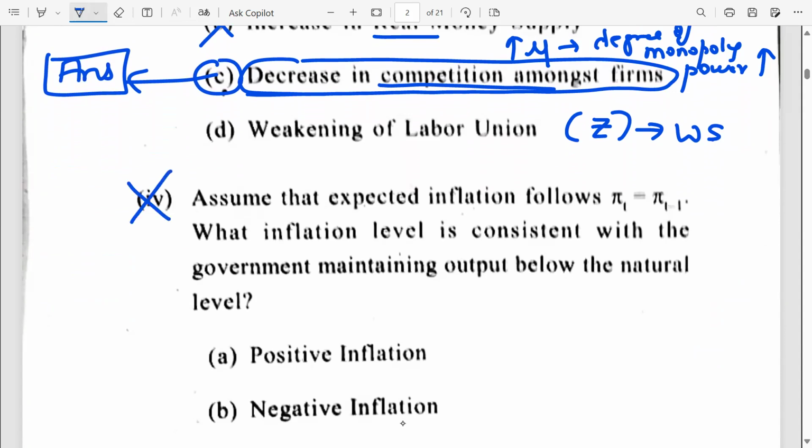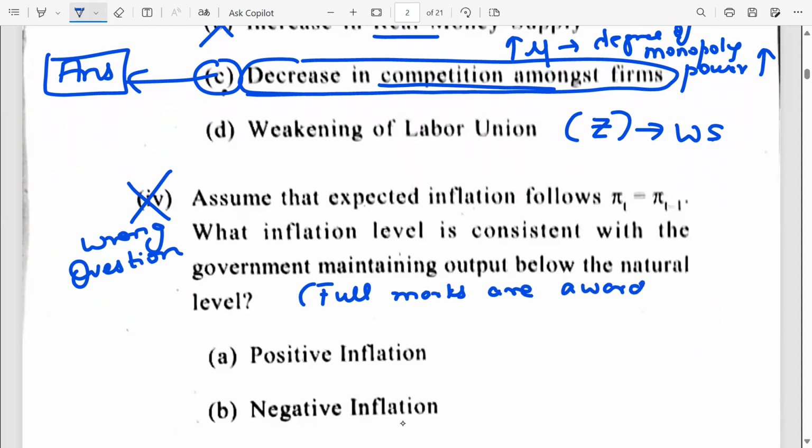Question 4 was a wrong question. Originally, if you check out the question paper, it was a wrong question, so please avoid it. Full marks are awarded for attempting this question.